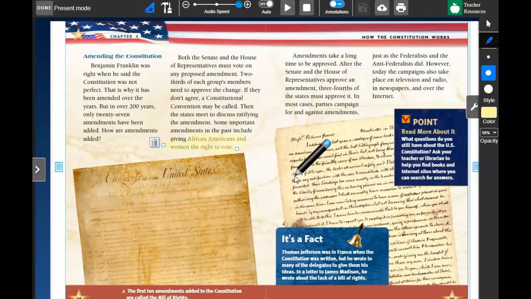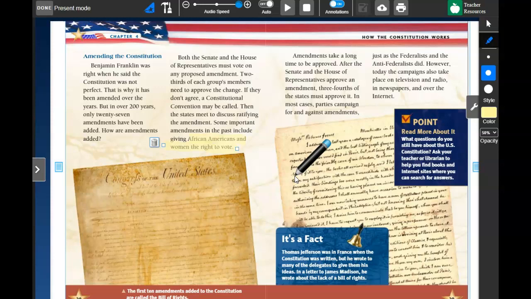So they have amended the Constitution, and they have also given everybody the right to vote. Not just white men can vote. Now African Americans can vote, Hispanic Americans can vote, and women have the right to vote as well.